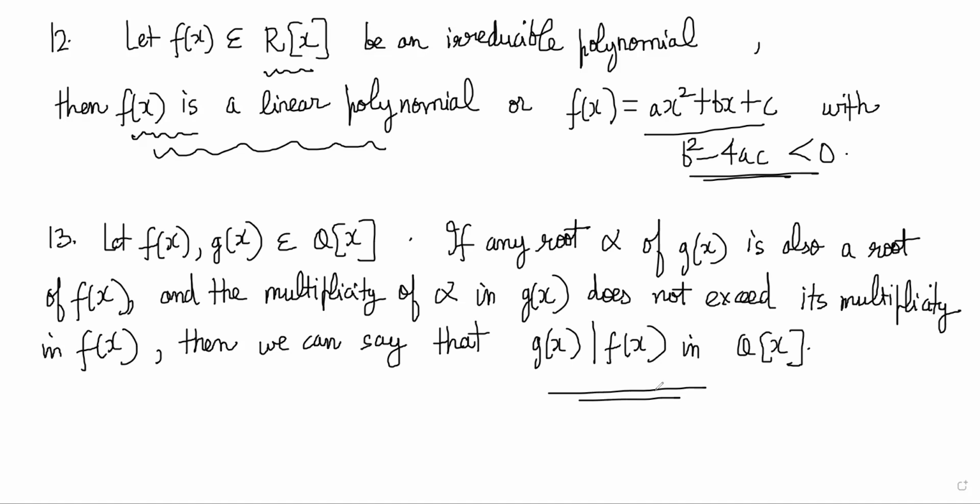So basically, if every root of g of x is also a root of f of x, with multiplicity in g of x not exceeding that in f of x, then g of x divides f of x in Q of x.